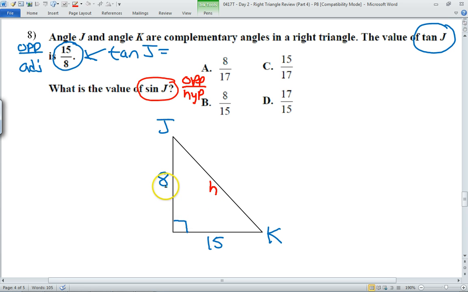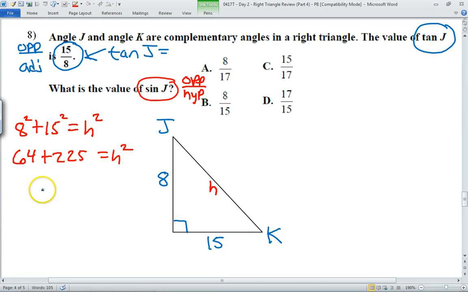Let's do the Pythagorean theorem. A squared plus b squared equals c squared. So we're going to do 8 squared plus 15 squared equals the hypotenuse squared. So that's going to be 64 plus 225 equals the hypotenuse squared.